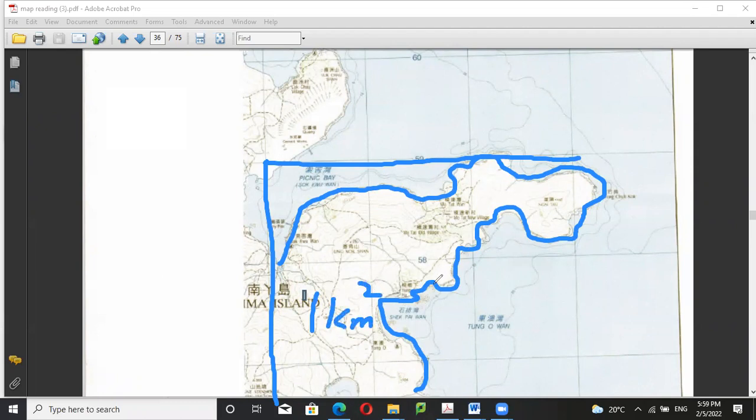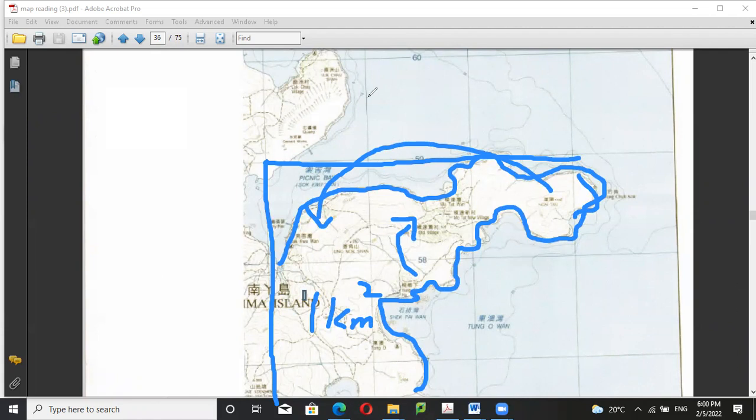Then this one can merge with this one for another 1 km square, so we have 2 km square. And this one approximately can go along with here to make up 1 square kilometer already.